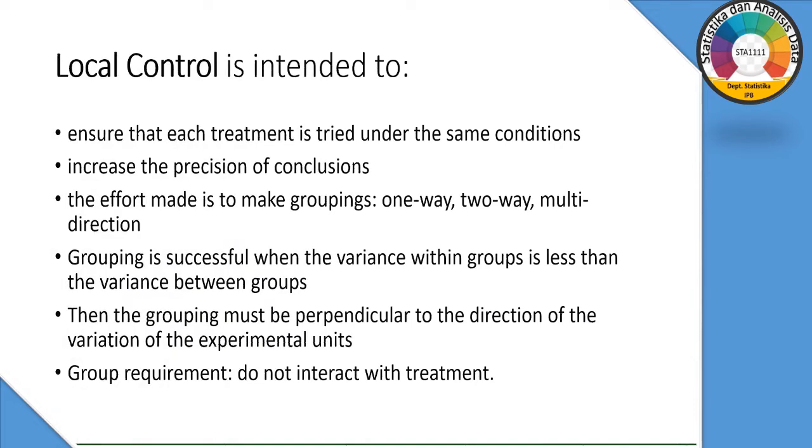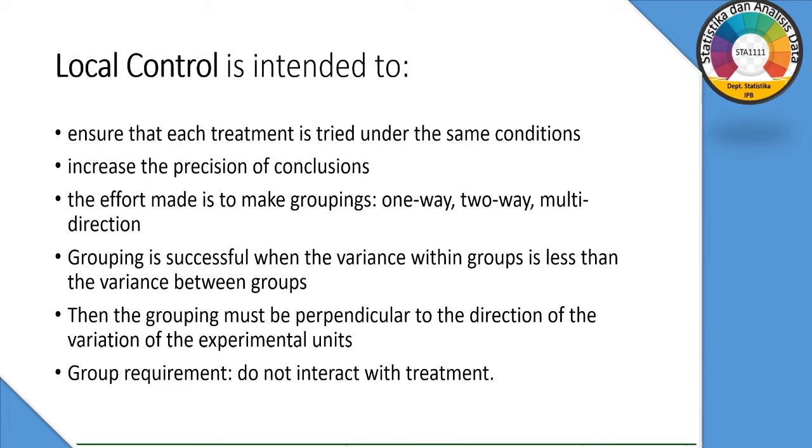Meanwhile, the local control that I mentioned before, right? It is to make sure that if the experimental object or the environmental condition is not homogeneous, let's say you conduct an experiment outdoors, in the agricultural field, in which many factors are uncontrolled, like temperature, wind speed, light intensity, and many others.